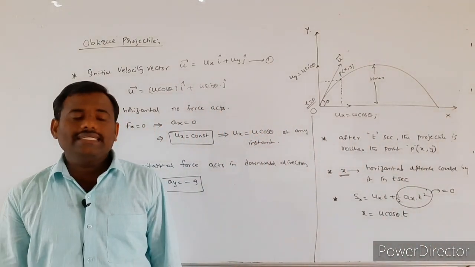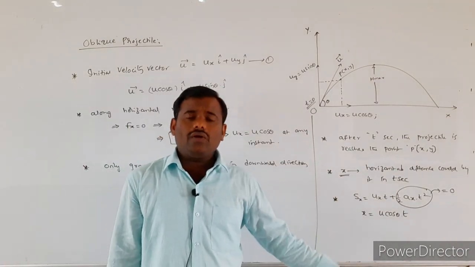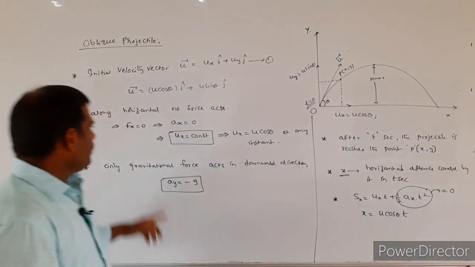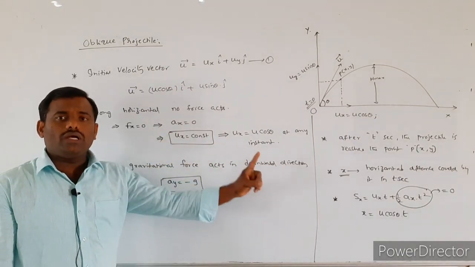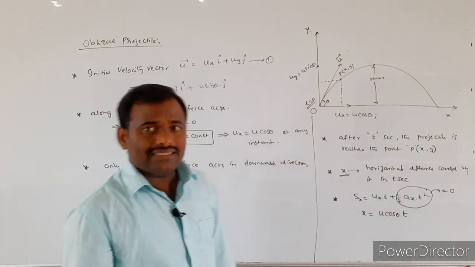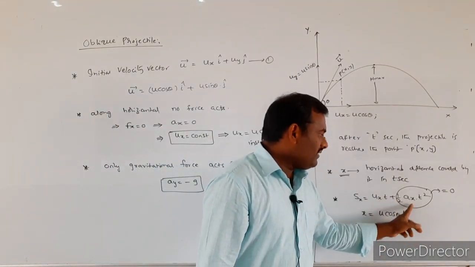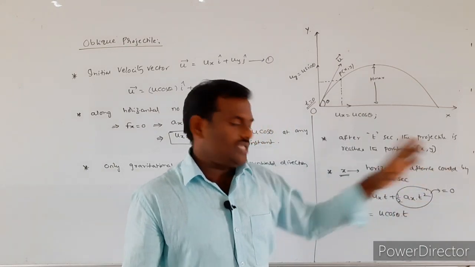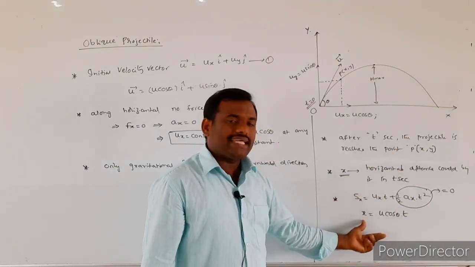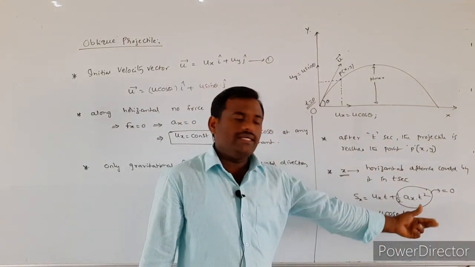Half into ax into t square value is equal to 0. Why? We wrote that the acceleration present along the x-axis is equal to 0. If ax is equal to 0, this complete term is equal to 0. Therefore, what we got: X is equal to u cos theta into t.